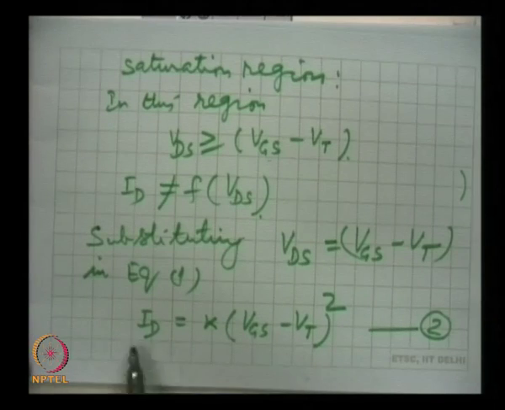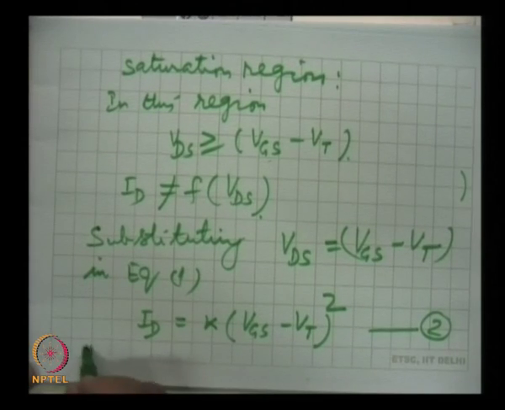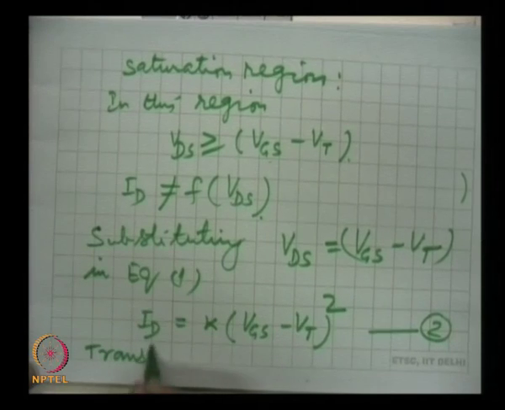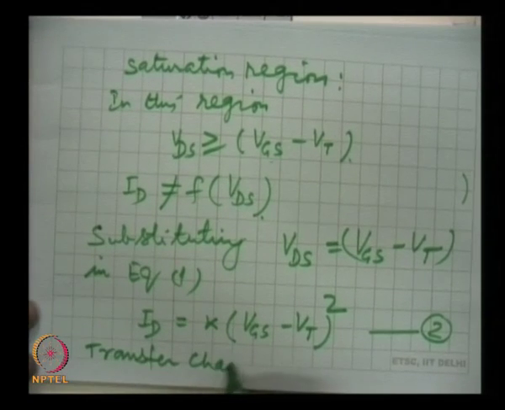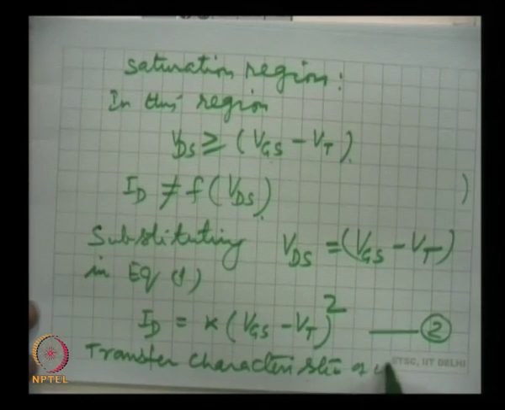So, this shows the independence of ID from VDS, the drain source voltage, but it gives a relationship between the drain current and the gate source voltage. That means this equation represents the transfer characteristics of the device.